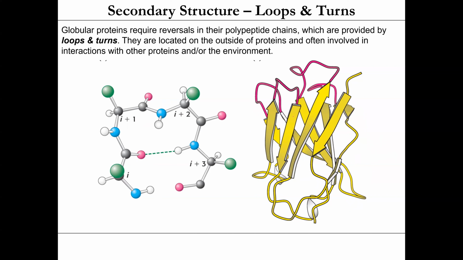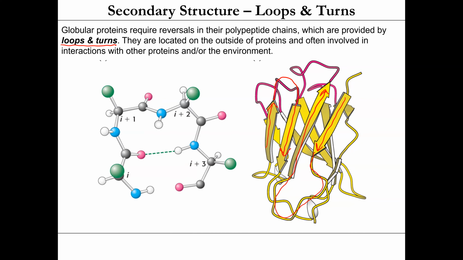And so now that we've discussed alpha helices and beta sheets, we can talk about the third kind of secondary structure, which are loops and turns. If a protein is going to fold into a globular structure, it has to be able to reverse directions, and that is provided by these loops and turns. They're located on the outside of the protein and are often involved in interactions with other proteins and the environment.